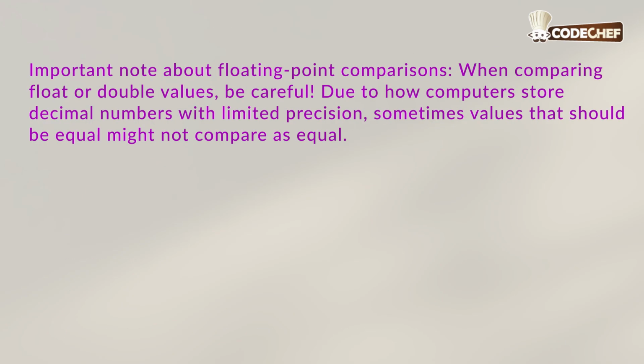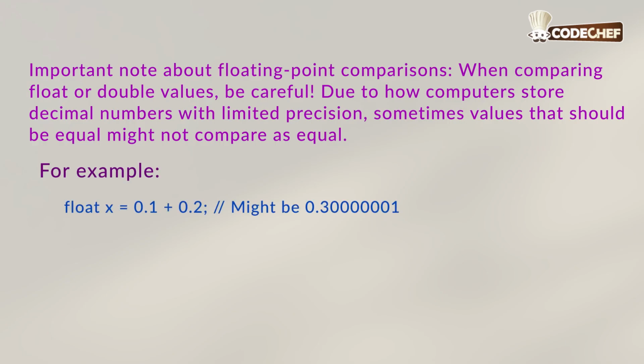What is very important about floating point comparisons is that when comparing float or double values, you have to be very careful due to how computers store decimal numbers with limited precision. Sometimes values that should be equal might not compare as equal. For example, here you can see float x is equal to 0.1 plus 0.2.